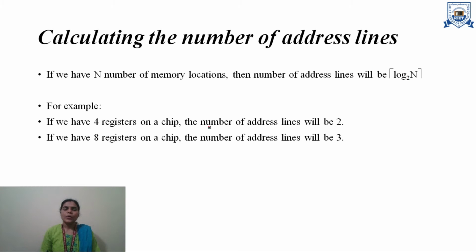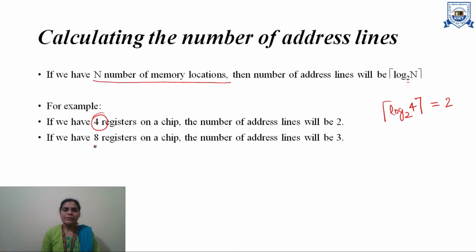Next, how to calculate the number of address lines for a given memory. If a memory chip has n number of locations, or we can say n number of registers, then the number of address lines will be calculated as ceiling of log n base 2. For example, if we have 4 registers, then the number of lines will be 2.